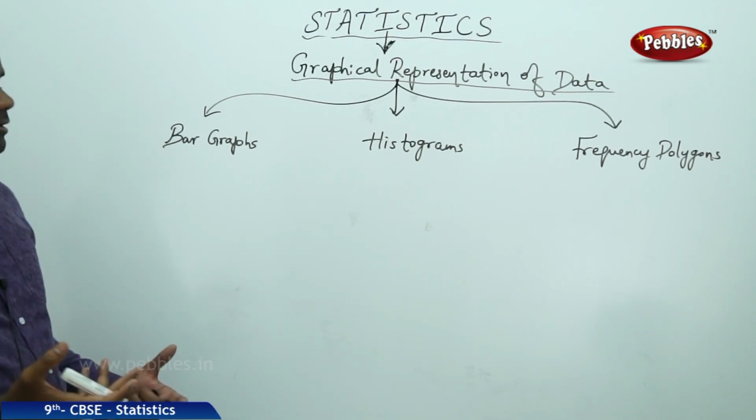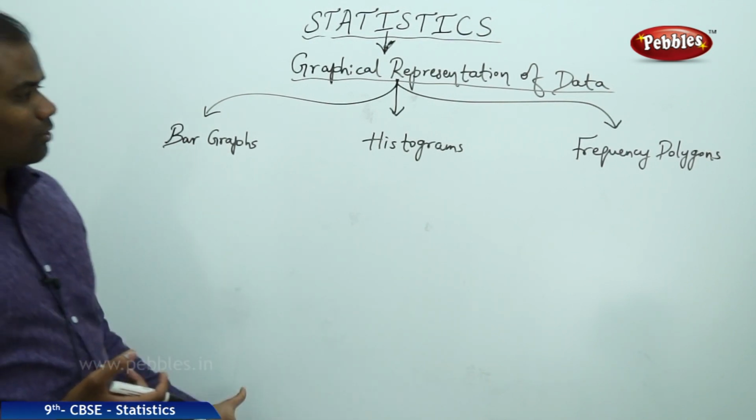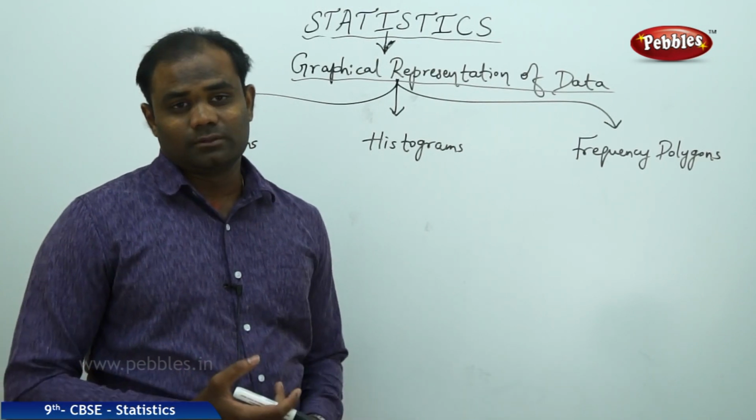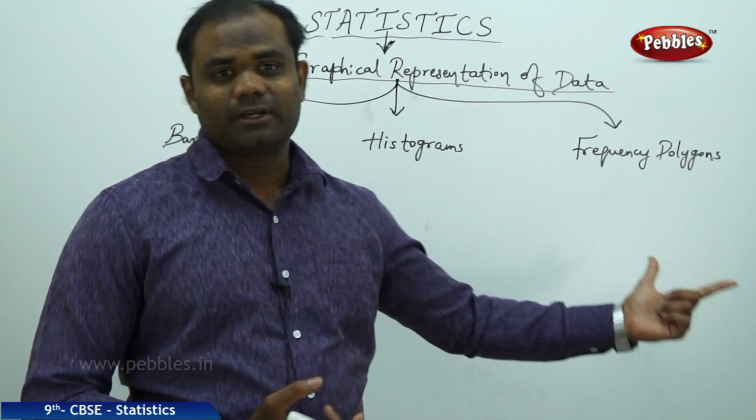The data collected can be analyzed through the bar graph or through the histogram or through the frequency polygon. Let's see each of them classified individually.